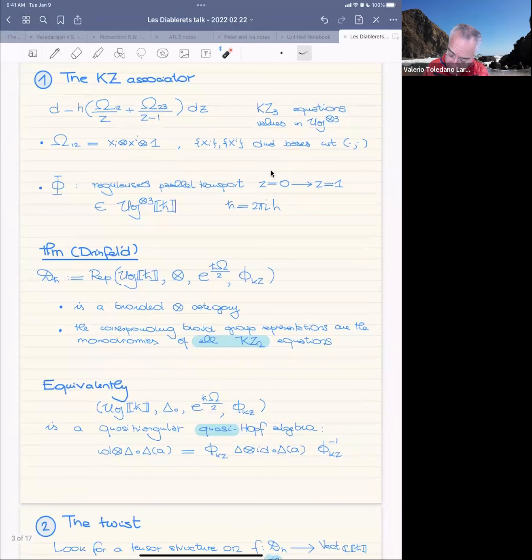Equivalently, perhaps a little more technically, you could say the following. If you don't want to speak about categories, you could say that you take the enveloping algebra with trivially deformed coefficients, its standard coproduct, this monodromy of the KZ equations in 2 points, and the associator. Technically, this is a quasi-triangular quasi-Hopf algebra. The second quasi, as in quasi-Hopf, refers to the fact that you should think of the standard coproduct as not being quite co-associative.